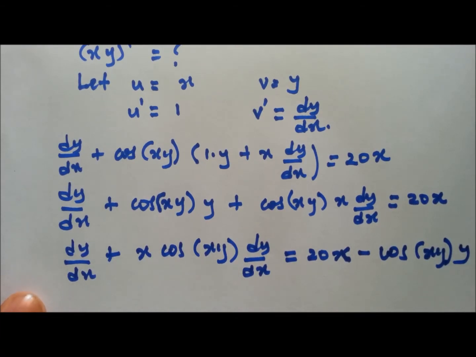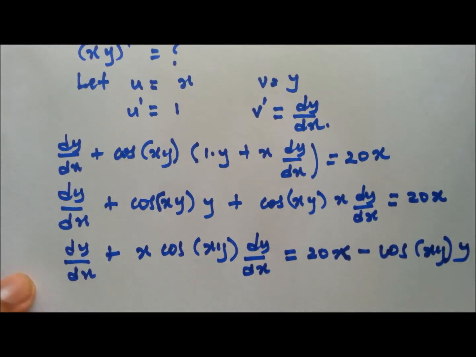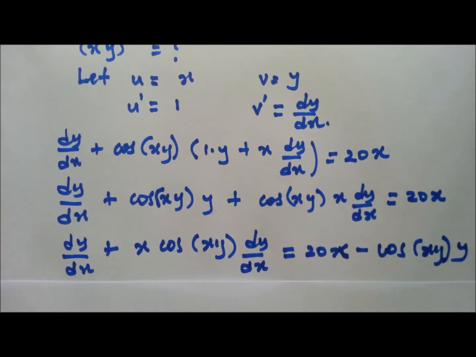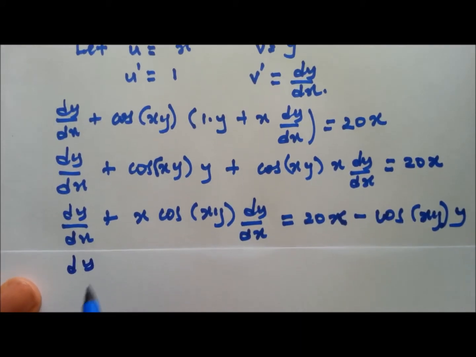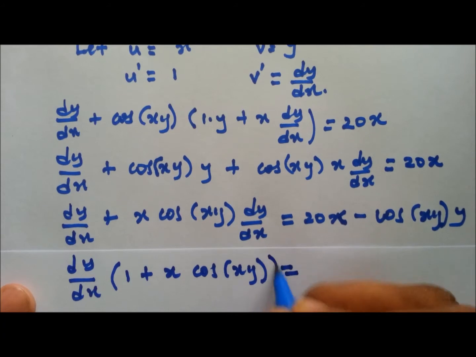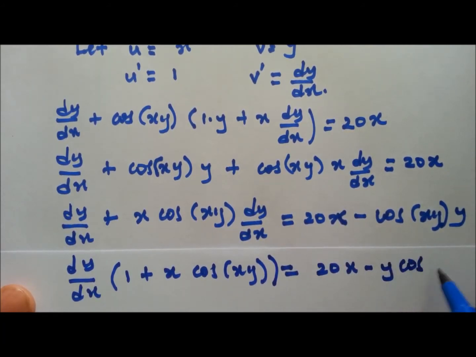Then, as you can see, on this side dy over dx is common to both. So I take dy over dx outside. From here I'm left with 1 plus x cos of xy is equal to 20x minus y cos of xy.